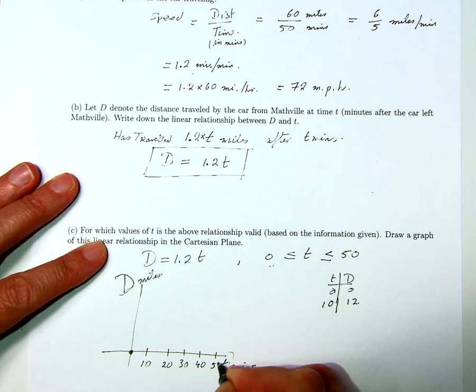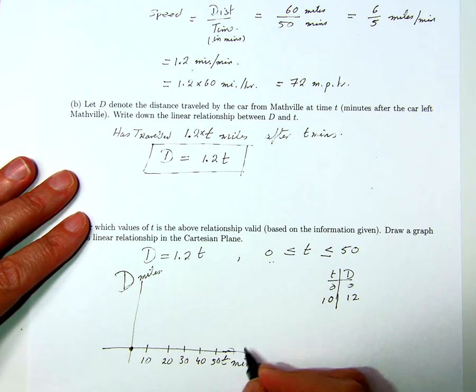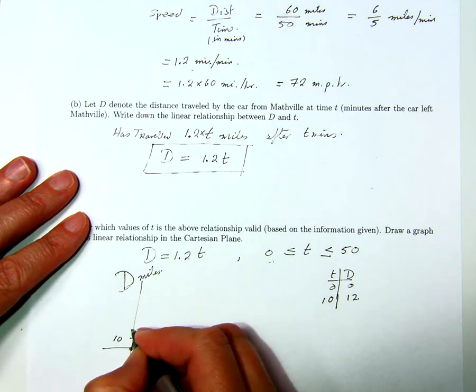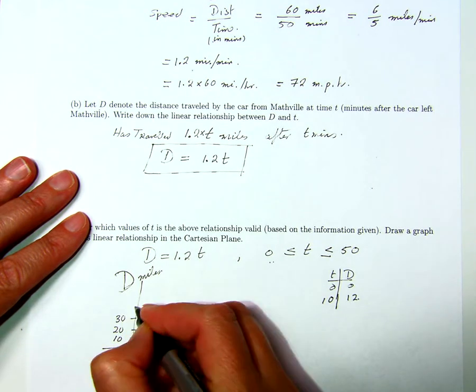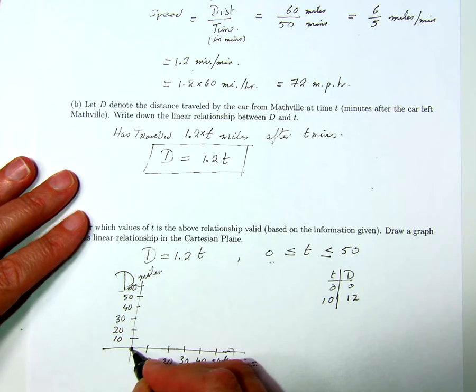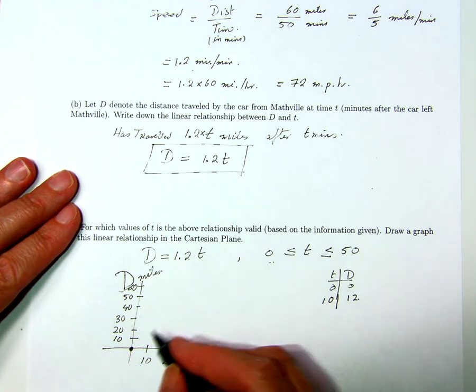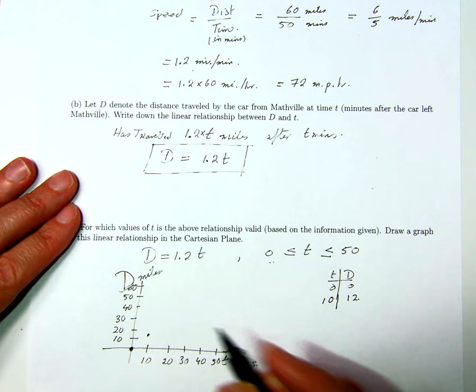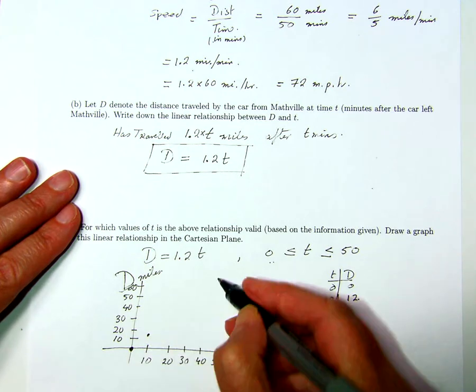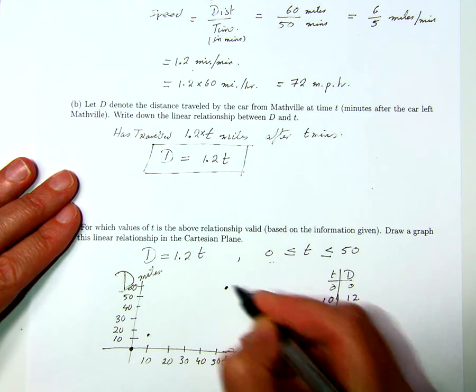And the relationship only holds for t between 0 and 50, so it's along this portion of the t-axis. When t is 0, d is 0, so the point 0, 0 is on the line, and when t is 10, d is 12, and when t is 50, then d should be 60.